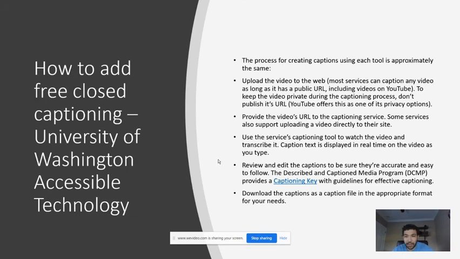But if you want to add your own captions, then you need to create the file with the captions, and depending on how accurate you want them to be, you do it while you're watching the video, or you use cPrint if you're doing it in real time, and then you upload the captioning file with it. And then you should be good to go to help all of your students.